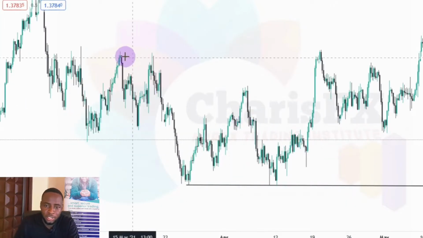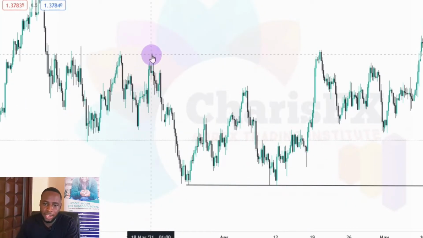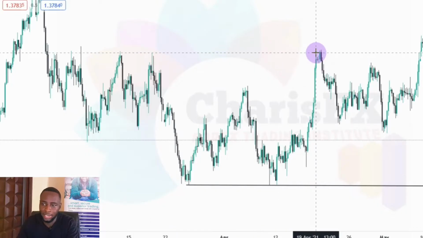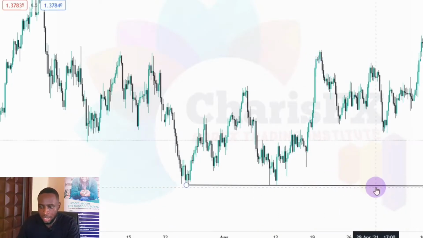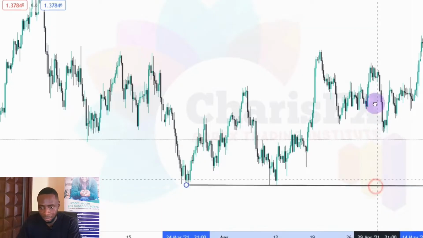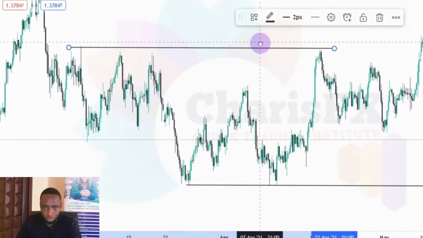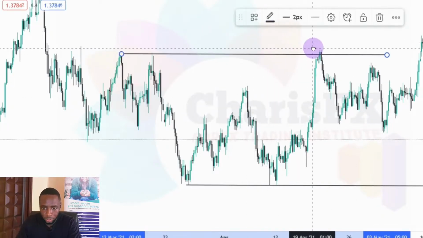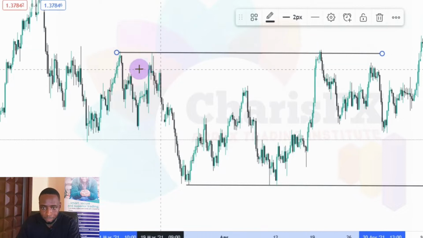Now let's look for resistance. I can see a relative high here, another high here, another high here. So I said the requirement to have a valid resistance or a valid support is that there must be at least two relative highs or two relative lows. So when you put your trend line here, you have one high here.